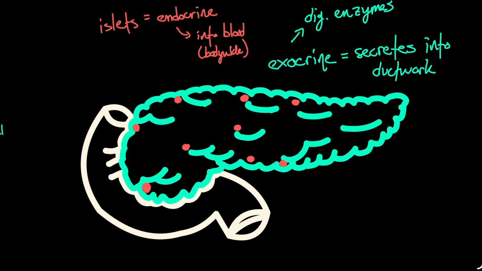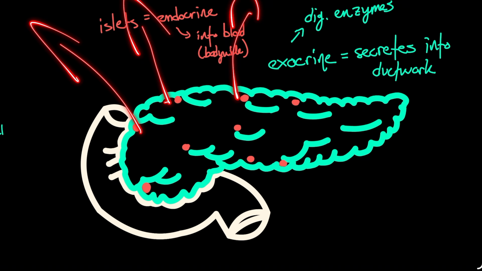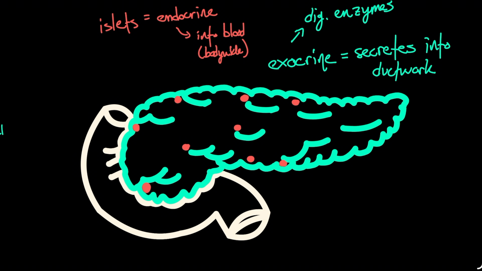So you see how that's a bit different from into the organ's own ductwork rather than going absolutely everywhere. That's what makes the endocrine system so powerful, is that it's the secretion of hormones, and hormones go absolutely body-wide and have very powerful effects. In this case, it's no different.